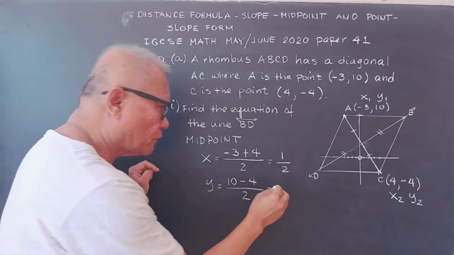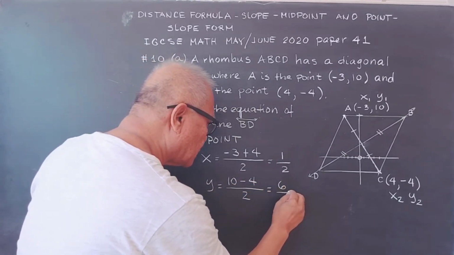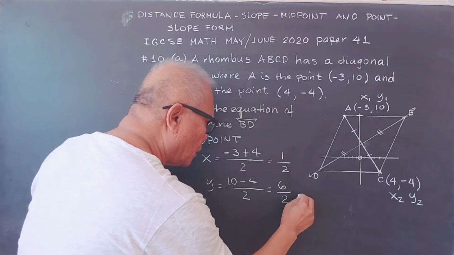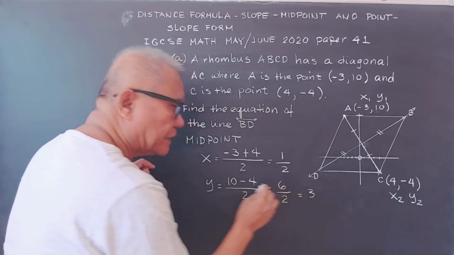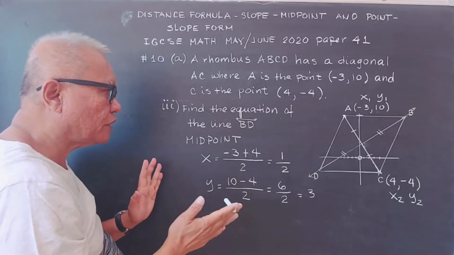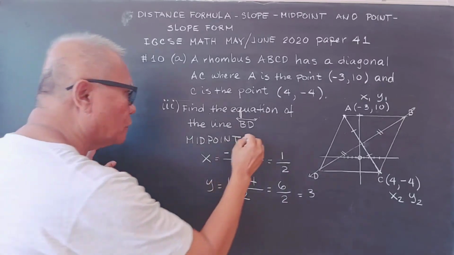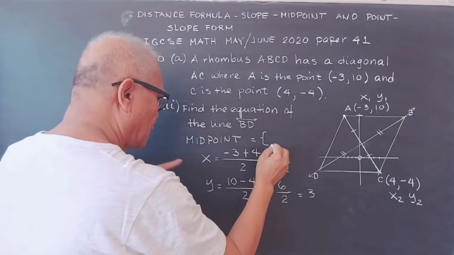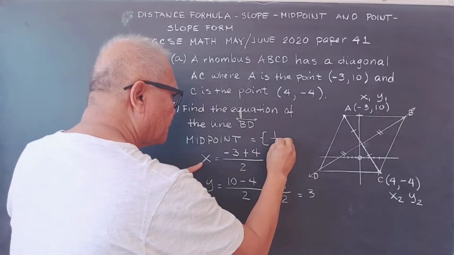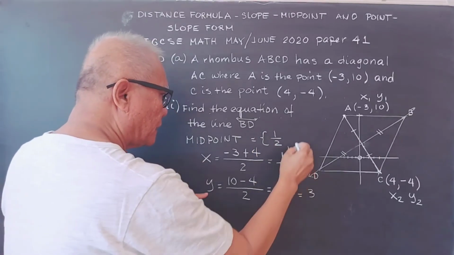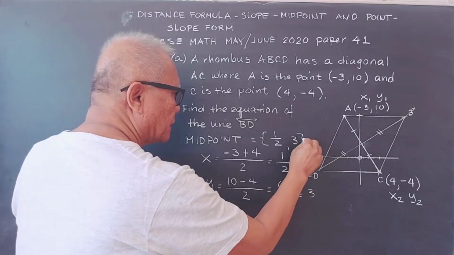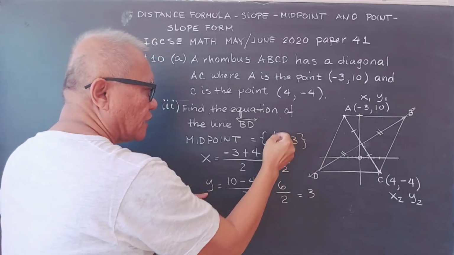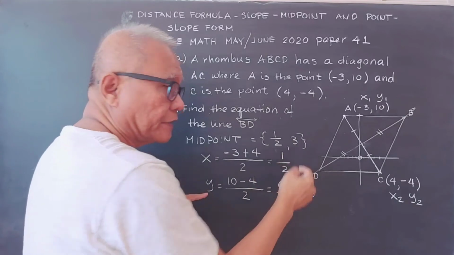So 10 minus 4 is 6, divided by 2, so it will give us 3. So we have the coordinates of our midpoint now. X is 1/2 and the y is 3. So this can be our x sub 1, y sub 1 later.